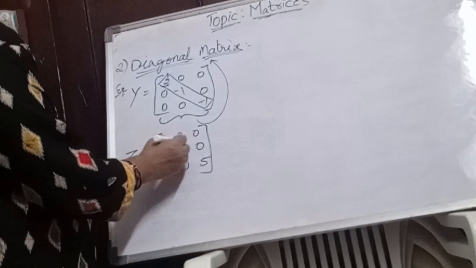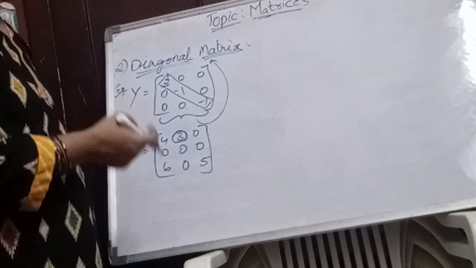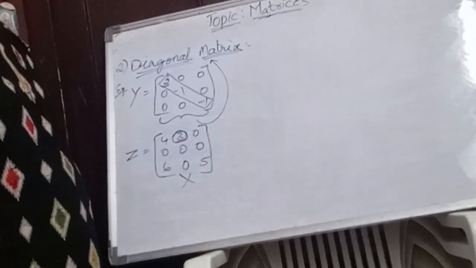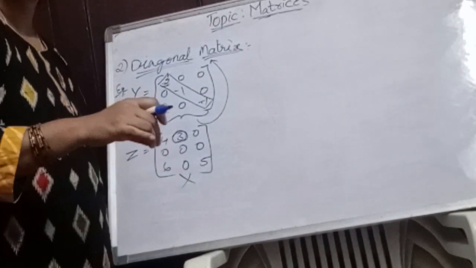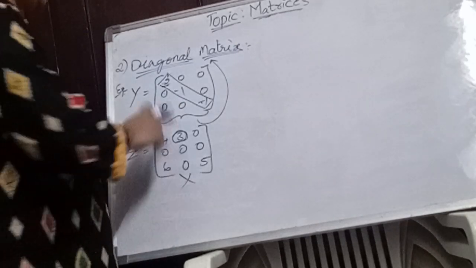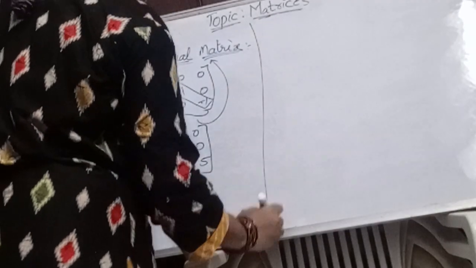But here one non-diagonal element is a non-zero number. So we can't call this a diagonal matrix. Whenever the principal diagonal elements are non-zero numbers and the remaining non-diagonal elements are zeros, only then can we call it a diagonal matrix.